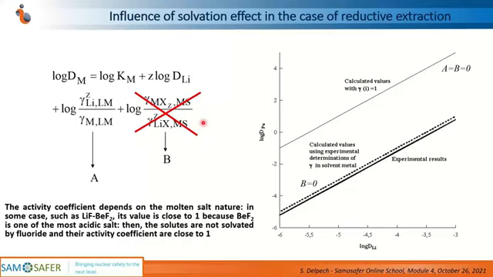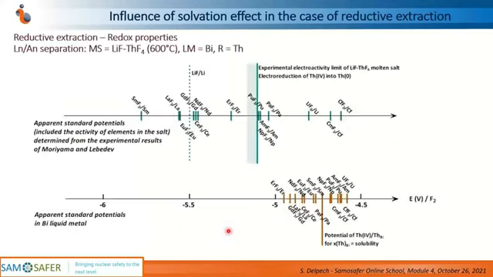So beryllium fluoride will take a lot of fluorides around it, and then there is not a lot of solvation of these elements in the molten salt, and their activity coefficients are close to 1. But that is very specific to this molten salt.